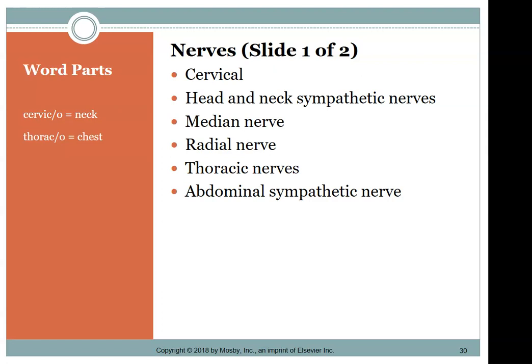We note that the thoracic autonomic nerves are used to code plexuses that one would expect in the area of the chest: the cardiac, esophageal, and thoracic and pulmonary plexus. The greater, lesser, and least splanchnic nerves, from the Greek meaning an organ, are sympathetic nerves to the organs in the thorax. The abdominal sympathetic nerve has many nerves that are coded to it.